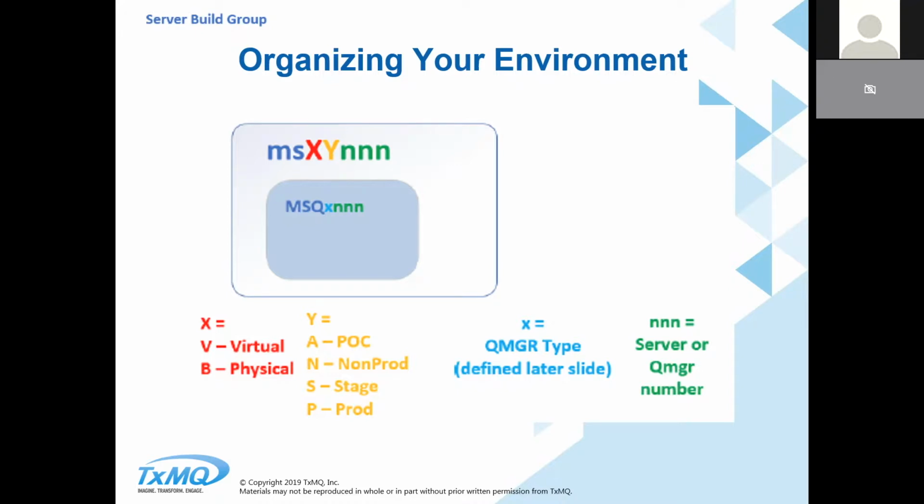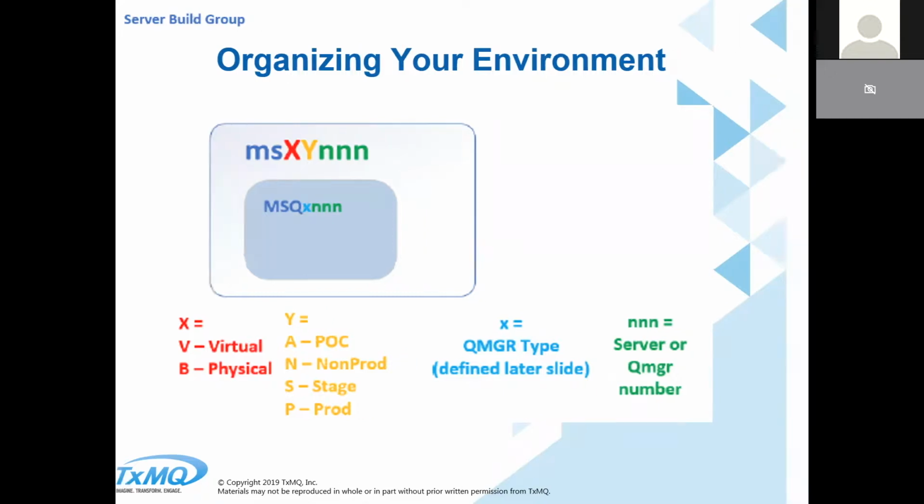A Y would indicate what type of environment we're talking about: non-prod, stage, production, proof of concept. And then, of course, you give the queue manager type and then a queue manager number. This is more what I consider branding, where you're treating, again, your queue managers and your servers more like cattle.